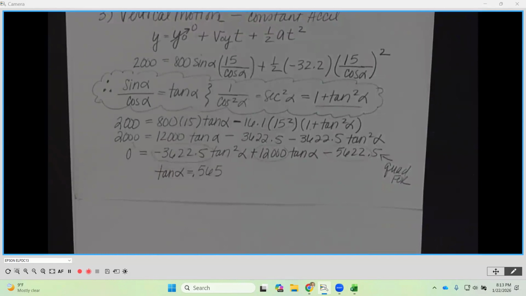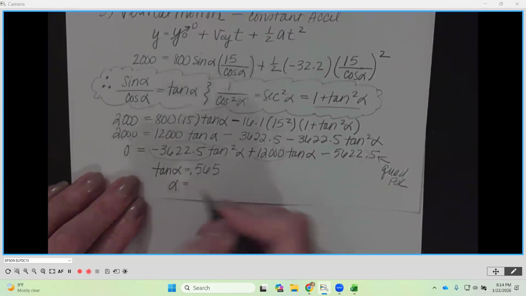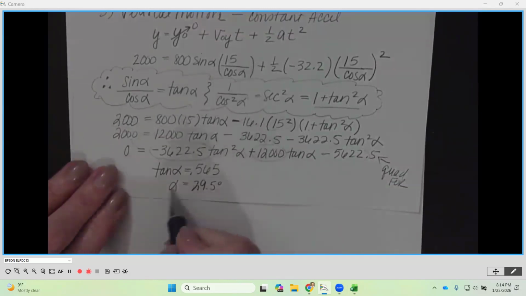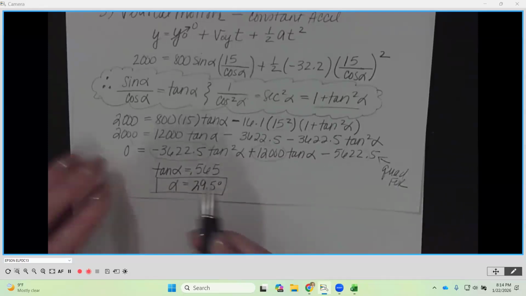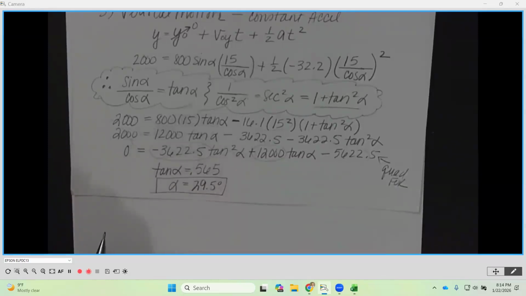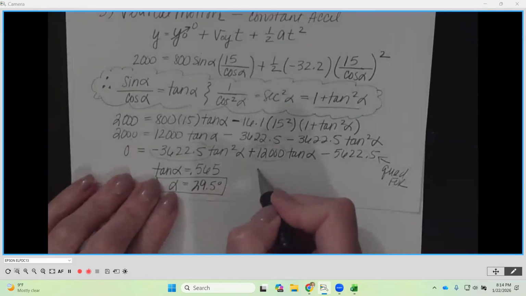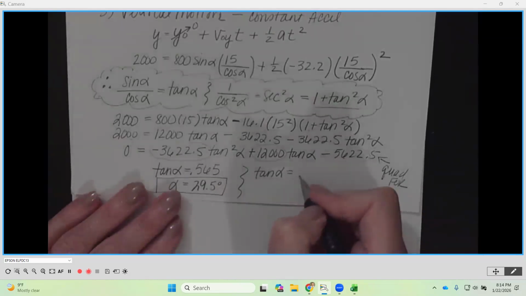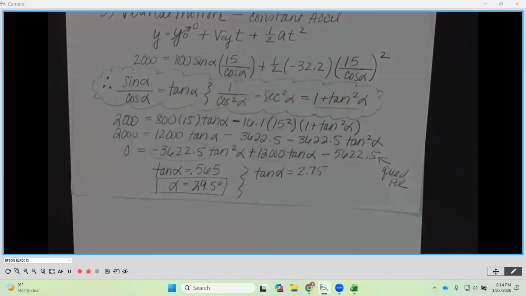So 0.565 inverse tan, you should end up with alpha equal to 29.5 degrees. That's one of the angles. The other one is tan theta equals 2.75.